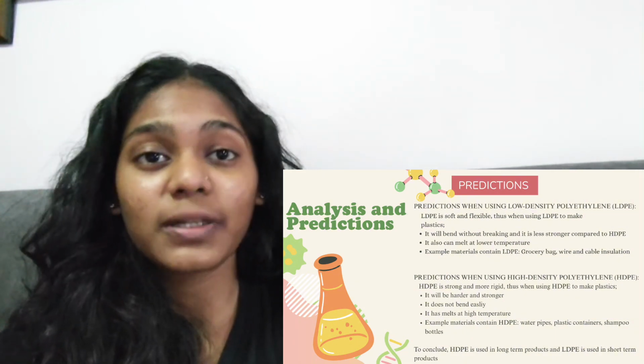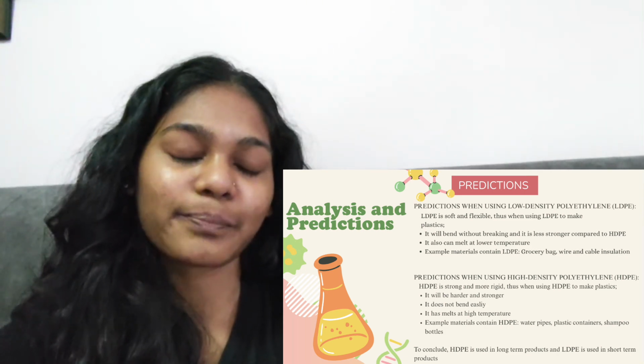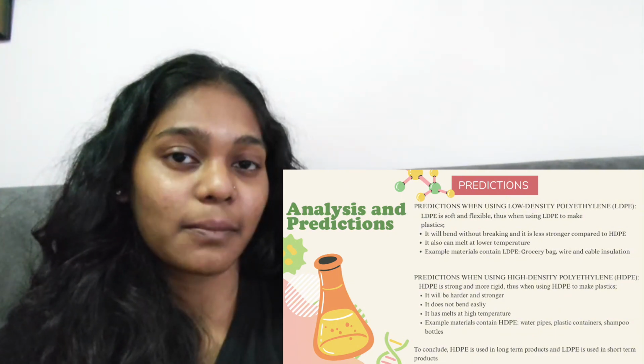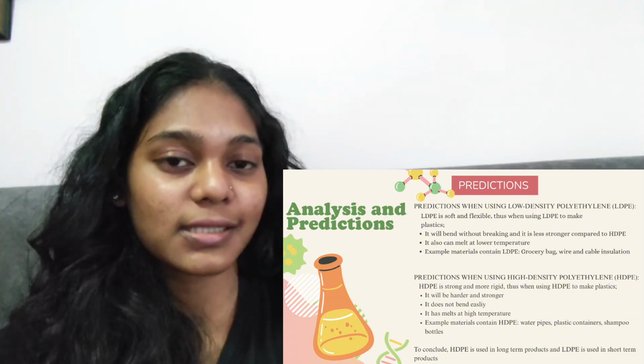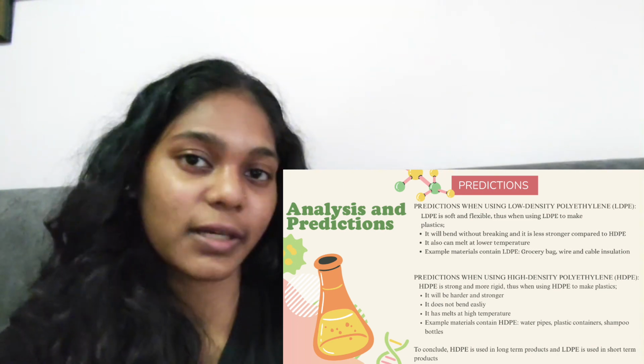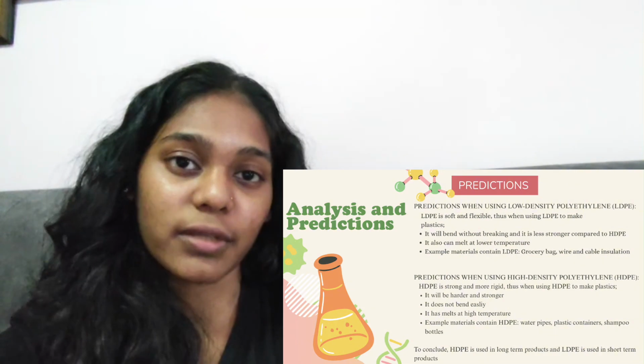Thus, it cannot burn easily compared to materials made of low density polyethylene. What are examples of materials that contain HDPE? Examples are water pipes, plastic containers, and shampoo bottles. That is why we know that when you burn shampoo bottles, they cannot burn as easily as plastic bags, also known as grocery bags.